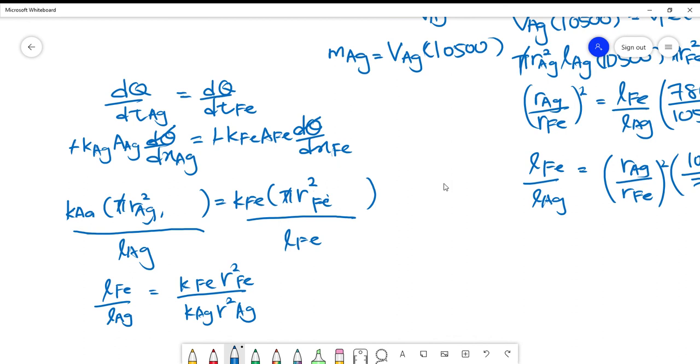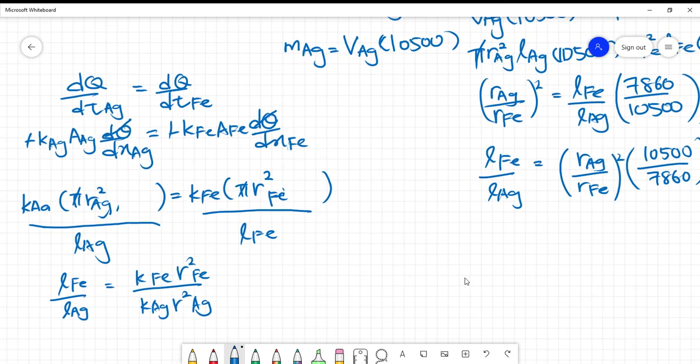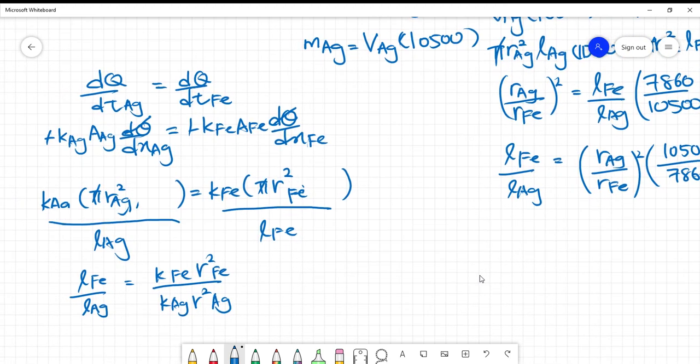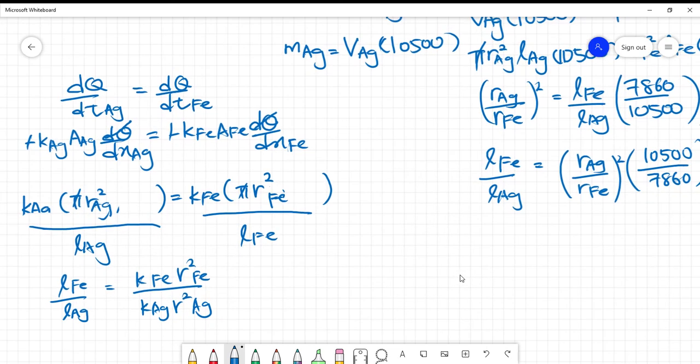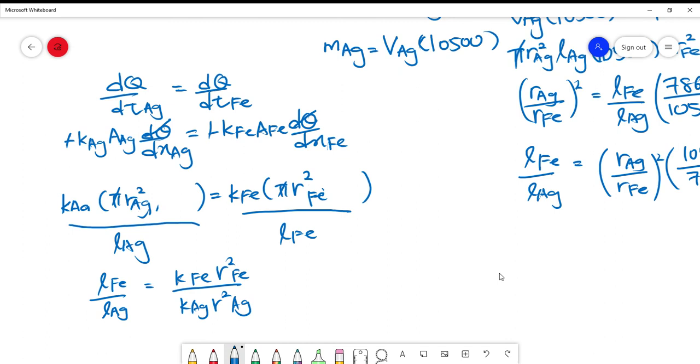Alright, let me think for a while. R square, okay. What we need to do is just substitute this one, square over R_Fe square.